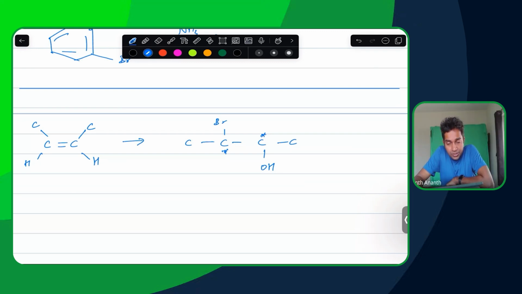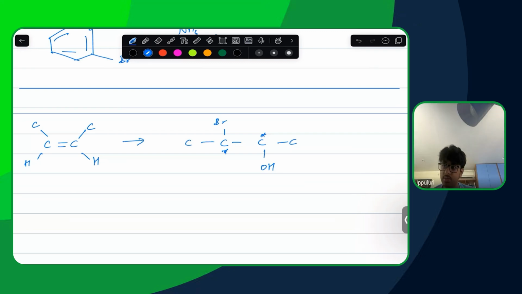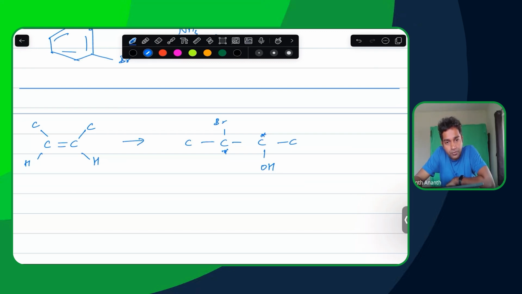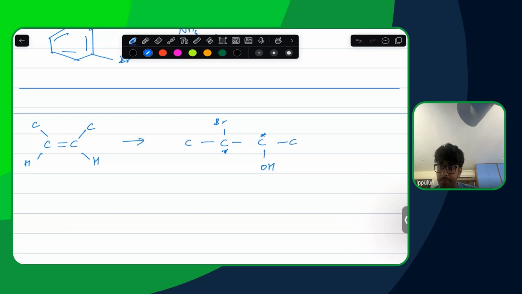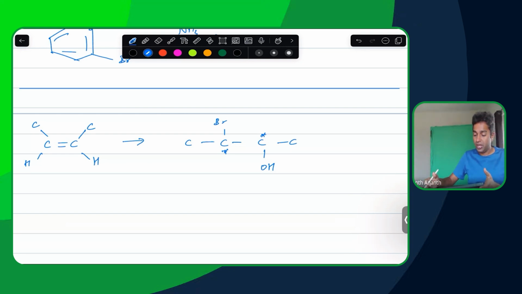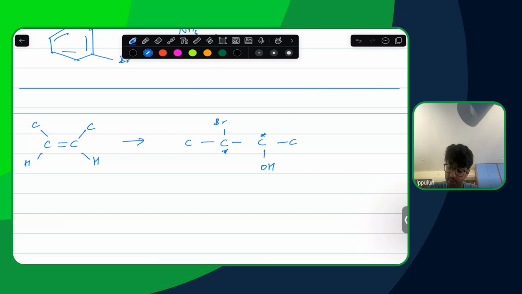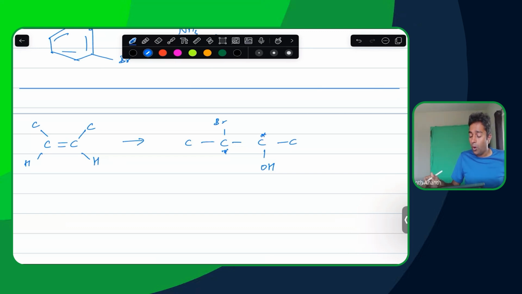I will have enantiomers, a mixture, right? So if I do get a racemic mixture there, I'm going to be having both possibilities clearly available. Once I have that, in the next step I'm going to be hitting this with methoxide.